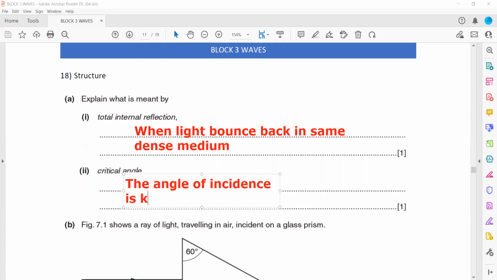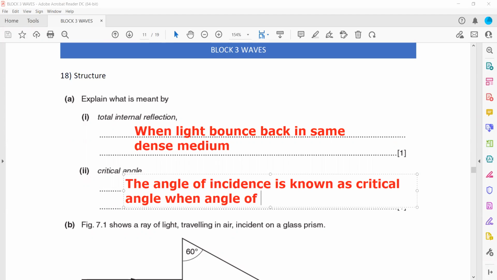The angle of incidence is known as the critical angle when the angle of refraction is 90 degrees.